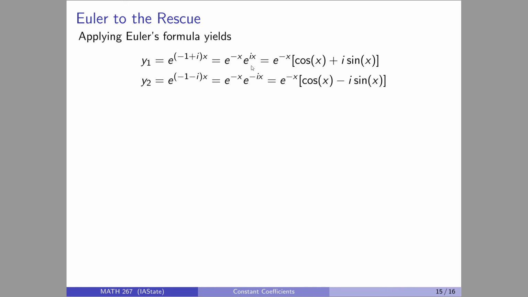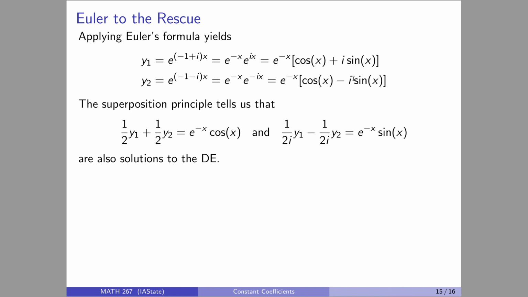That's still going to be true. e to the ix, as we noted, is cosine x plus i sine x, e to the minus x going along for the ride. And as we noted, e to the minus i x is the conjugate of e to the ix, so that just turns into that. So that's kind of useful, kind of interesting. Now, what am I going to do here? Well, if you look at the two, there seems to be a way I can eliminate the i term.